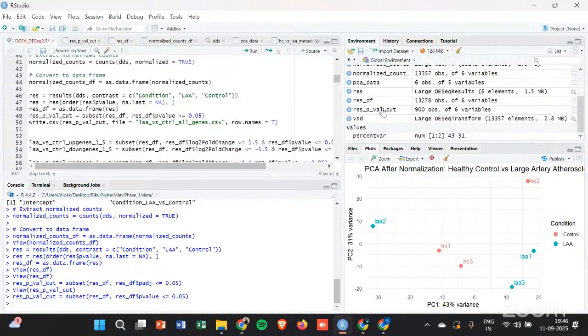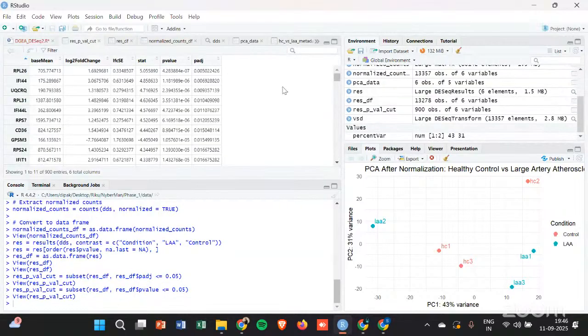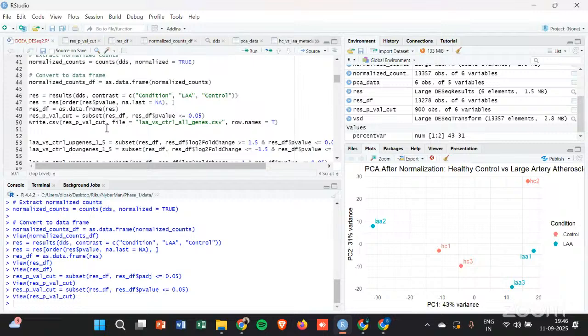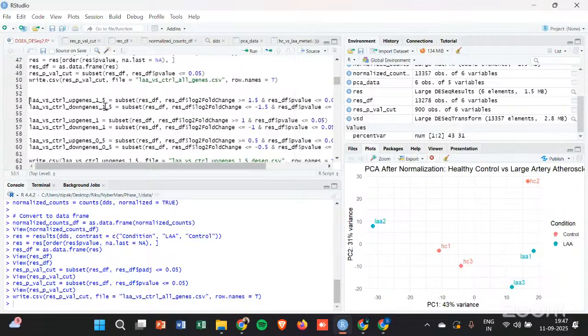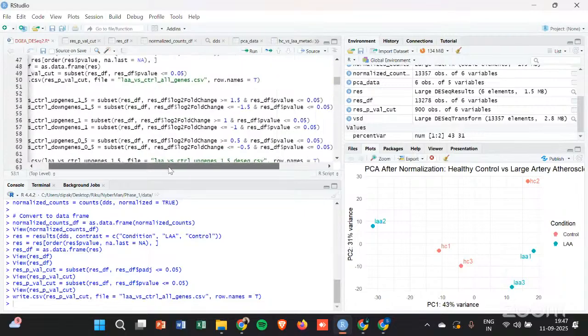Now you can see I have about 900 odd genes which are differentially expressed with respect to p-value, not p-adjusted. I can also save this file because we will be using all of these later when we are doing functional enrichment, trying to figure out pathways which are over or underrepresented. I have a few extra lines here where you can put cutoffs of your own choice.